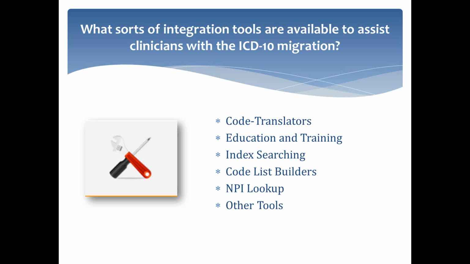Another thing that's new, and this has a lot to do with 5010, is looking up NPIs. You will need to have in your claim submission NPIs of all of your referring providers as well as the individual providers. So looking up those NPI numbers and being able to look those up quickly online can help speed up that process.